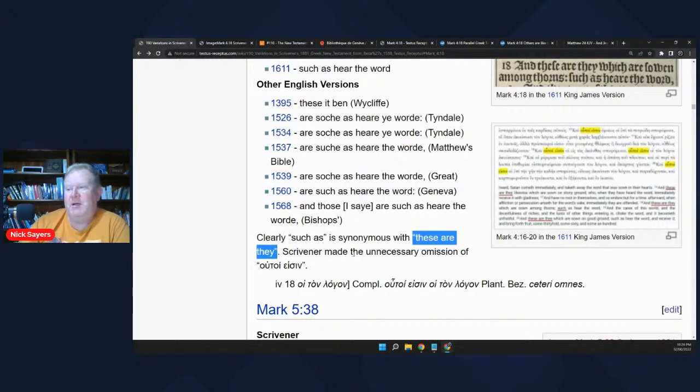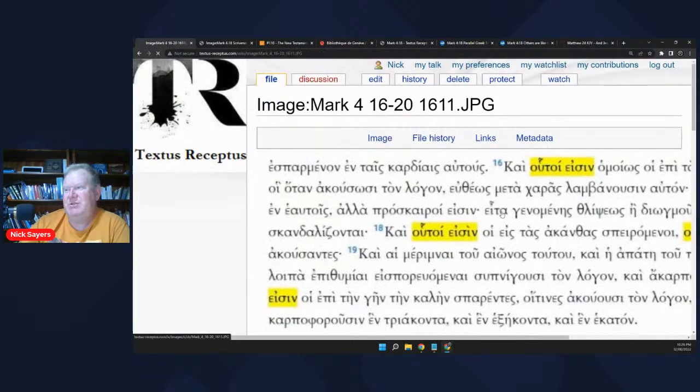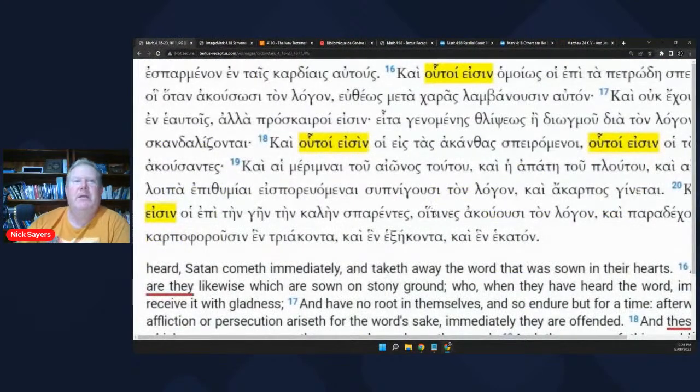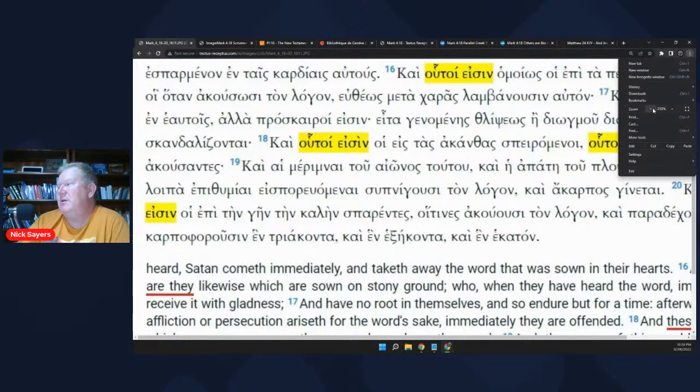Okay. So Scrivener made the unnecessary omission of "oti essen". So let's have a look at this picture, I just made this last night. What's interesting is that around this verse, this "oti essen" appears quite a few times. And so what I did is I might just make that a bit smaller.